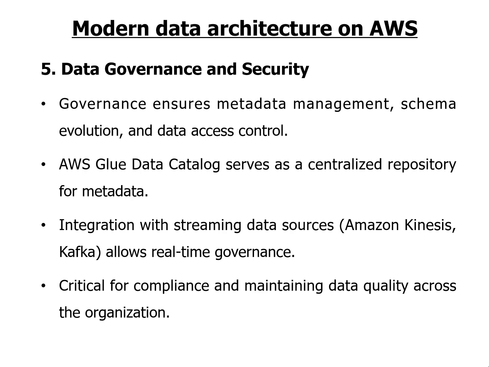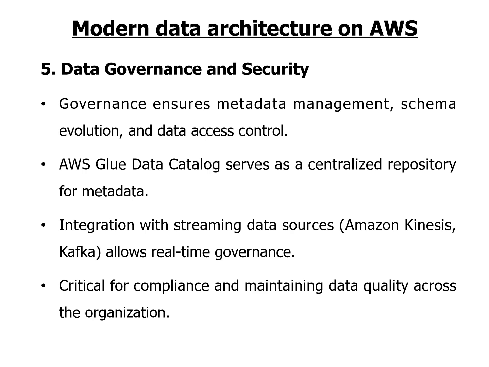Then the final one is data governance and security. Data governance ensures metadata management, schema evolution, and data access control. Also, AWS Glue Data Catalog serves as a central repository for metadata, and integration with streaming data sources allows real-time governance. So data governance in the sense of making policies.